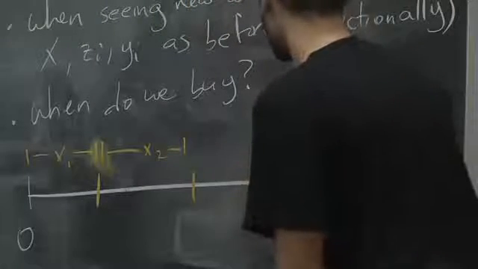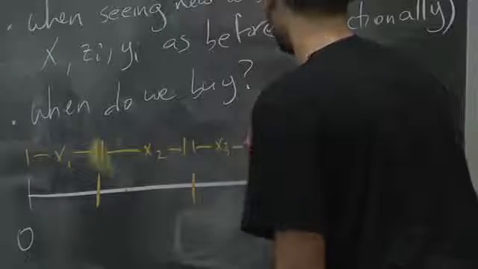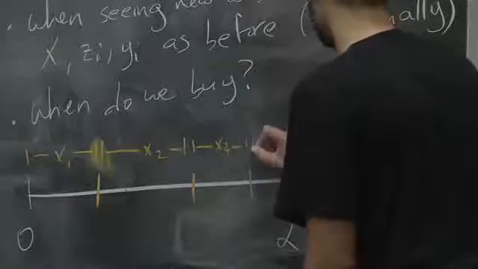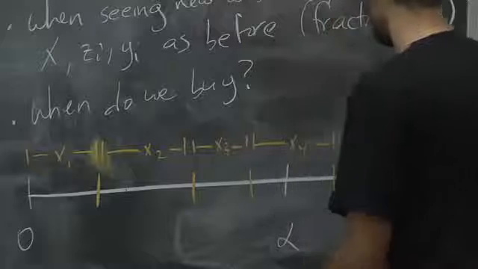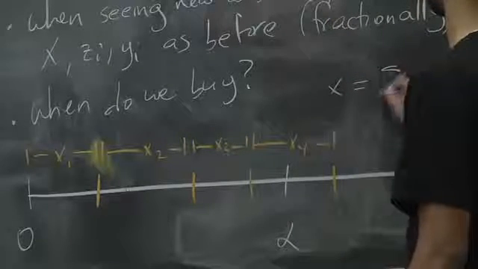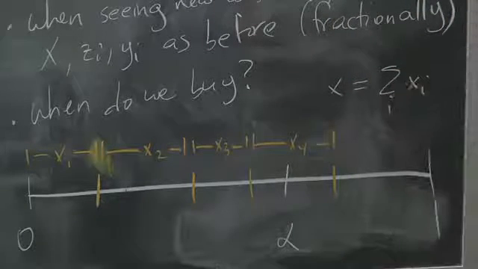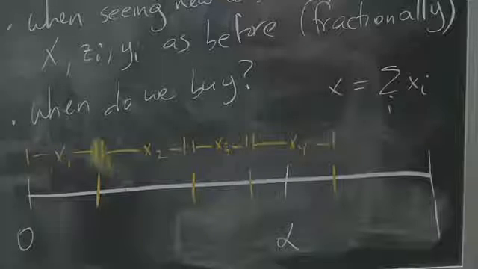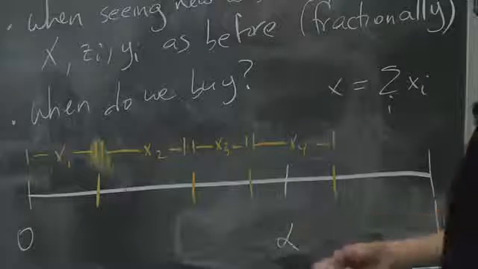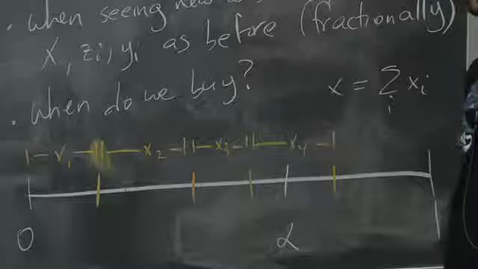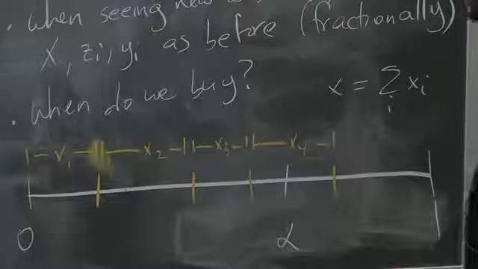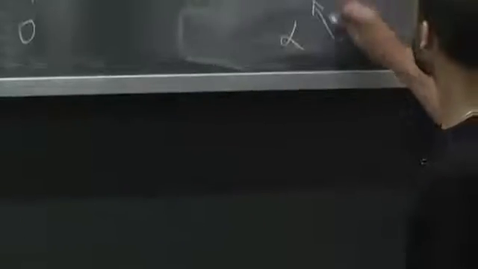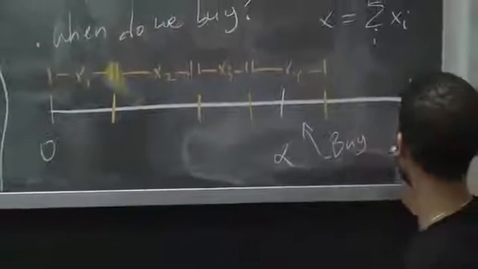Then x3. Then x4. Remember, x is just the sum of the xi's. When do we buy? We buy on the day that alpha landed in. So here, we'll buy on day 4.